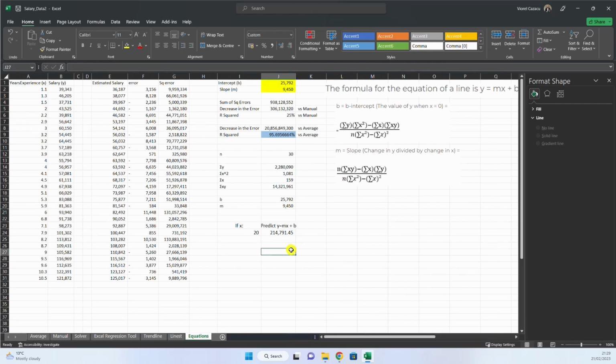So these are the 6 ways in which you can do linear regression in Excel.